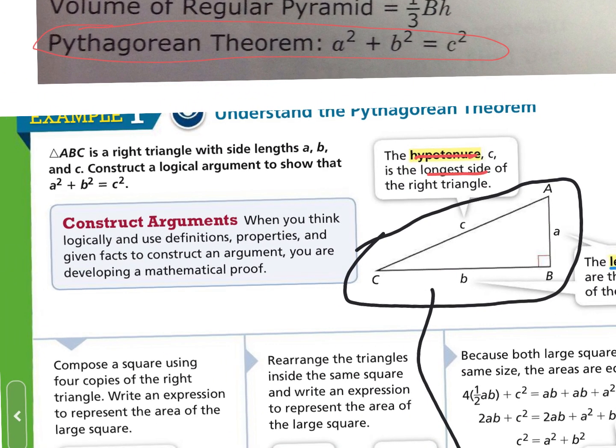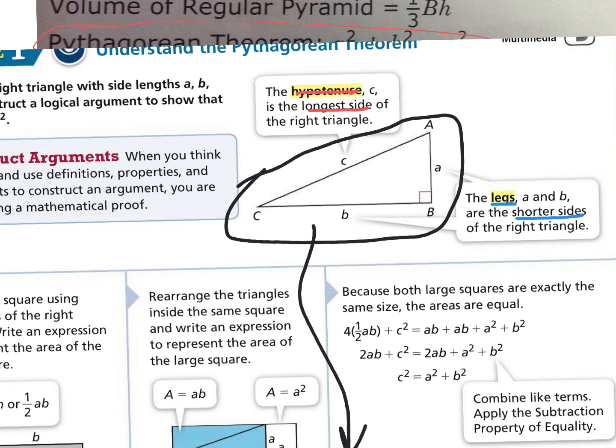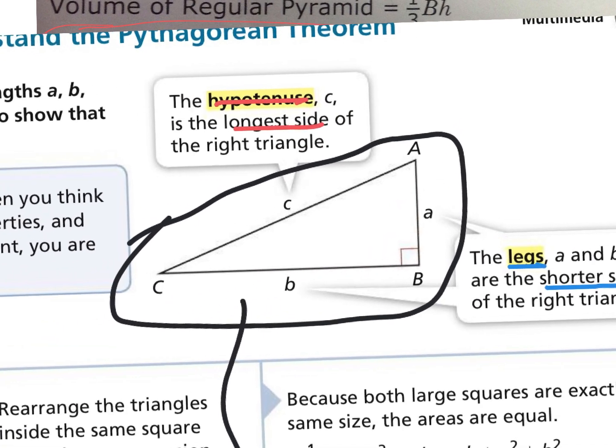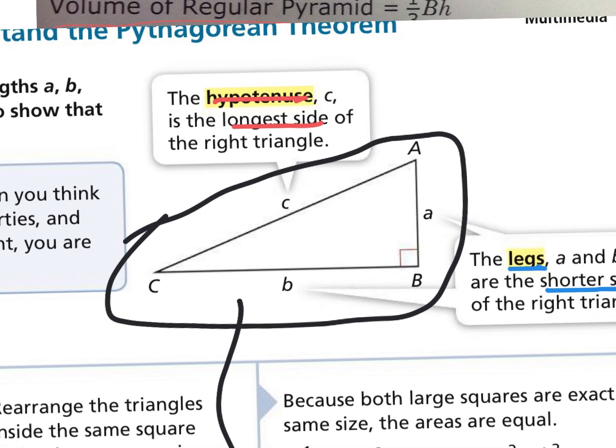If you look at example 1, we have a right triangle with side lengths A, B, and C. Construct a logical argument to show a squared plus b squared equals c squared. On this triangle, we have the hypotenuse.